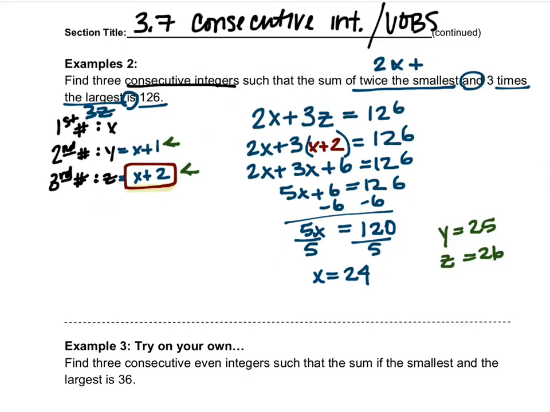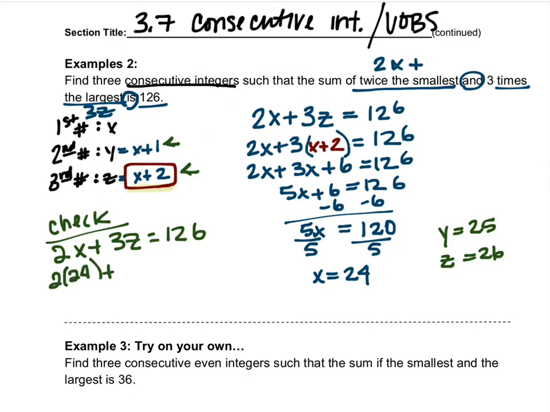So let's go ahead and do that actual check to make sure that if I take 2 times the smallest plus 3 times the largest, I in fact get 126. So 2 times 24 plus 3 times 26 hopefully gives us 126. When I double 24, I get 48. And when I take 3 times 26, I get 78.